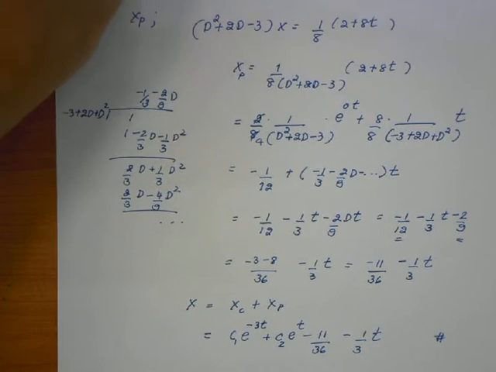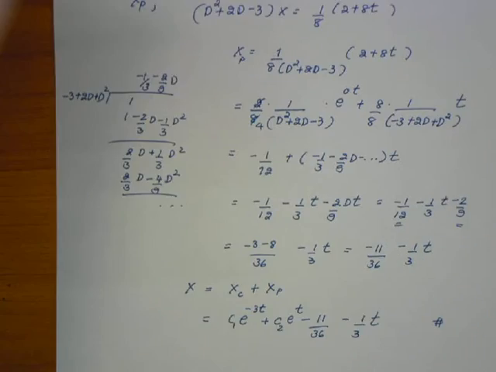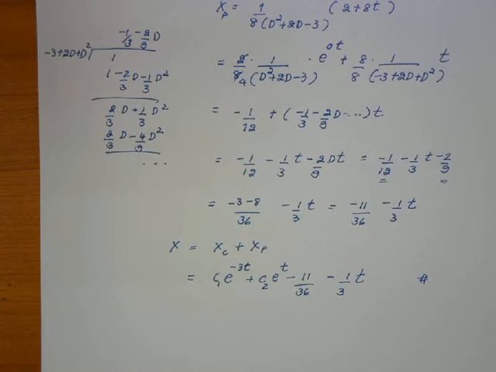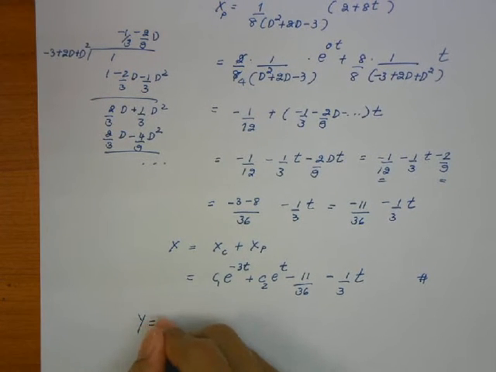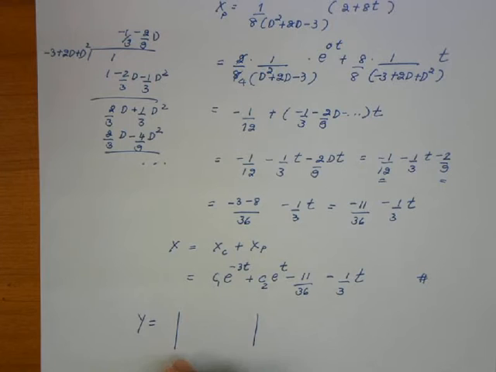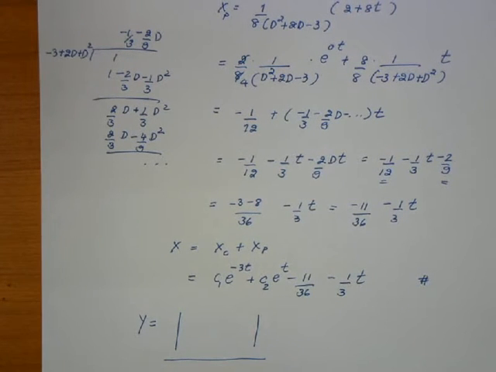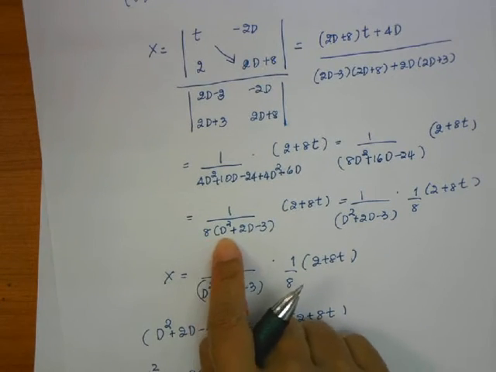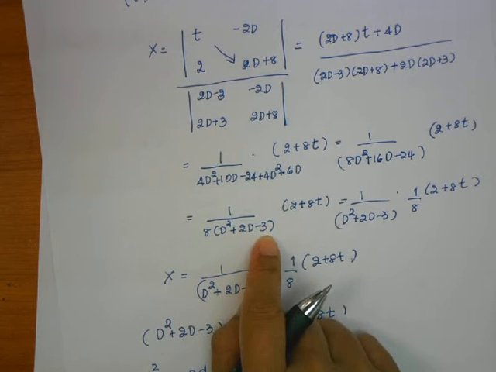Now, we are going to do y. Y, again, doing Cramer's rule. But for the dividing, since you divide with the same term, you take from here, your dividing term is equal to 8 times D squared plus 2D minus 3.